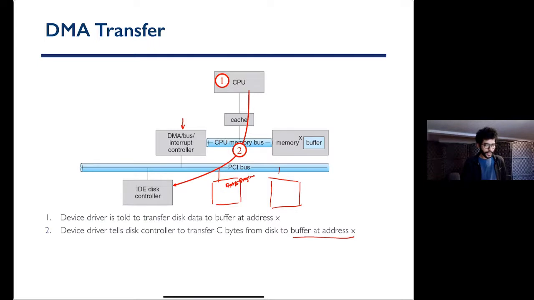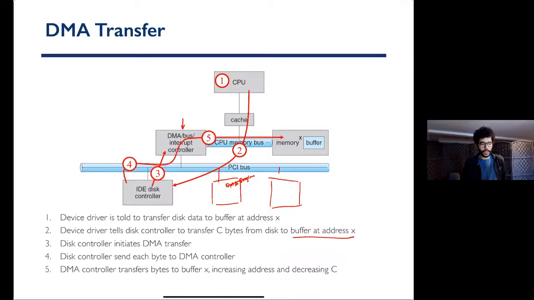Then the device communicates with the DMA engine and says, okay, I have a DMA request, let's transfer data. Now the DMA engine starts the DMA, so the data transfer happens, from memory to the device or from the device to memory, it doesn't matter.